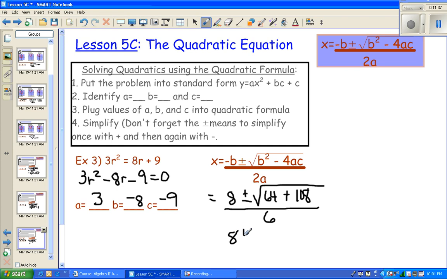So that's 8 plus or minus the square root of 64 plus 108, which gives us 172. So we want to clean up that radical. So what's the largest perfect square that goes into 172?